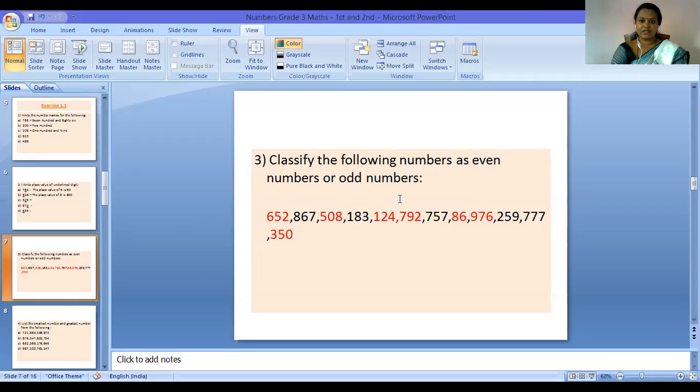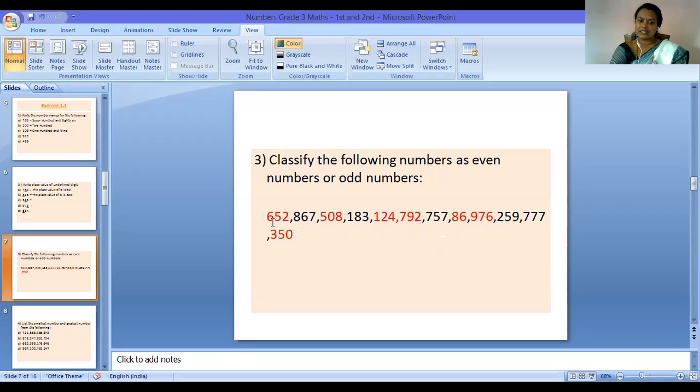Now let us classify the following numbers as given. So we have even and odd numbers. Can you see there are some numbers highlighted in red and some in black? Can you make out the differences? Yes. You see that the numbers which end with 0, 2, 4, 6, 8 are said to be even numbers, whereas odd numbers are those where the ones place is 1, 3, 5, 7 and 9.